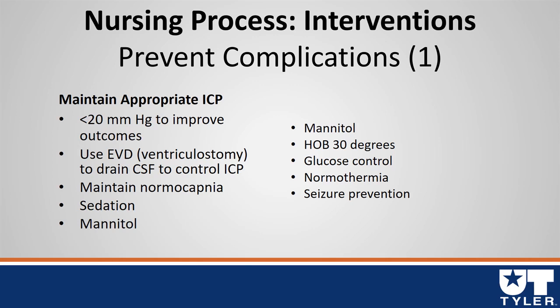You can do this through tight glucose monitoring and insulin therapy. Again, just like in part 1, we covered the importance of maintaining normal body temperature and hyperthermia's adverse effects on ICP and metabolism, but we also want to prevent shivering, so we're aiming for a normal body temperature.